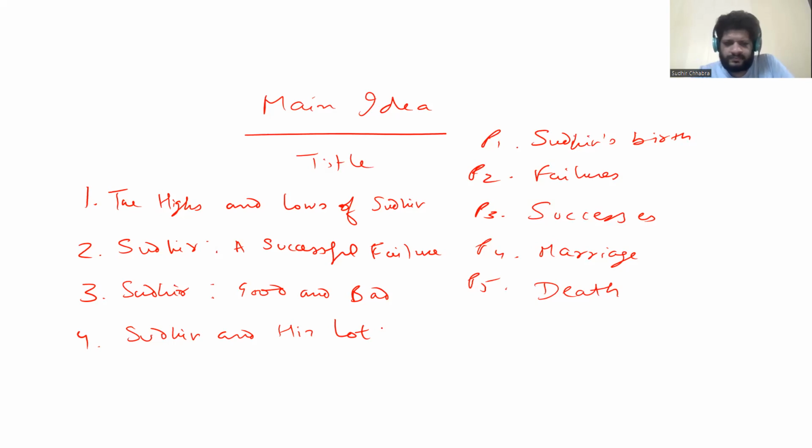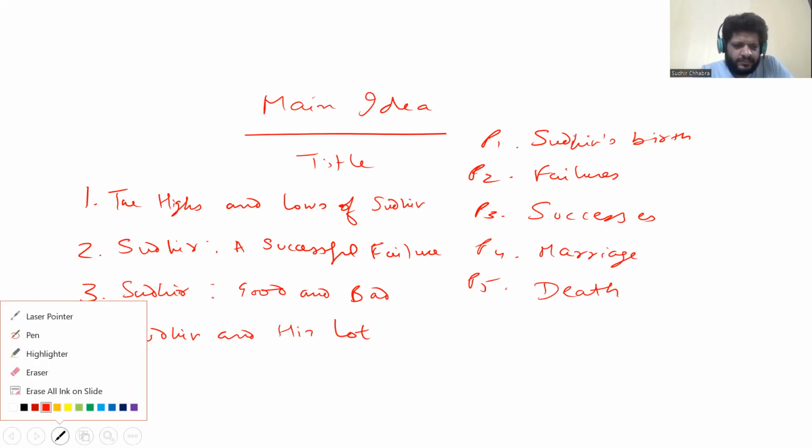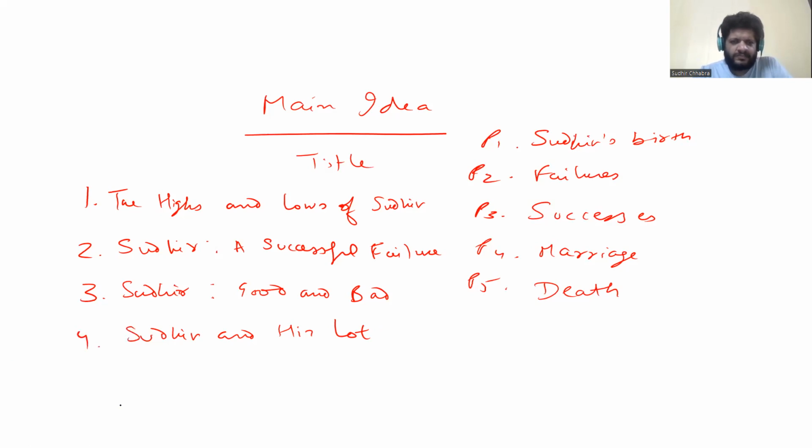So this one talks about my birth, my failures, my successes, my marriage, and my death. So if we see the first option, the highs and lows of Sudhir, this could be true for these two paragraphs only. Because, of course, the death is a low, the marriage dependent on your perspective.